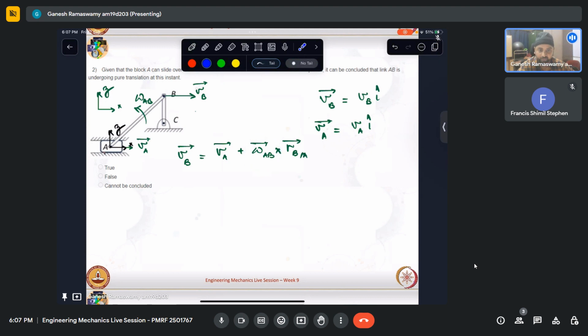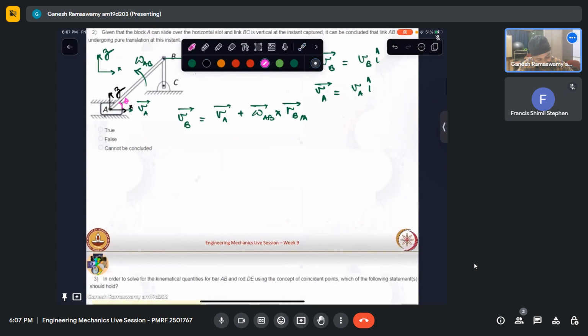Omega, we are assuming it to exist. Now let this angle be some theta. Let us say the length of AB is unity, 1 meter for now, for ease of calculation.